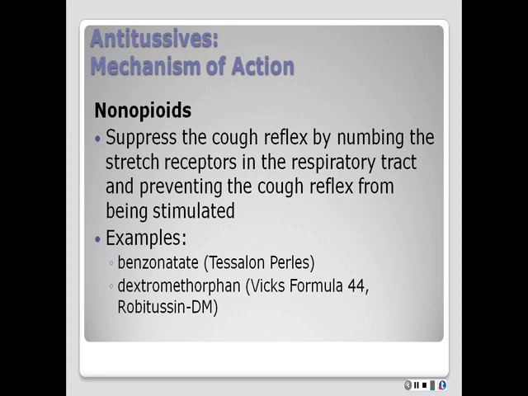So in this case, because it is a derivative of an opioid, it will work the same as the opioids, but it does not have the analgesic properties. Now the other one, the Vicks Formula 44, Robitussin DM, that is the one that will work that way. And then there are other ones like the Tessalon Perles, and these ones work completely differently, like I mentioned at the beginning.